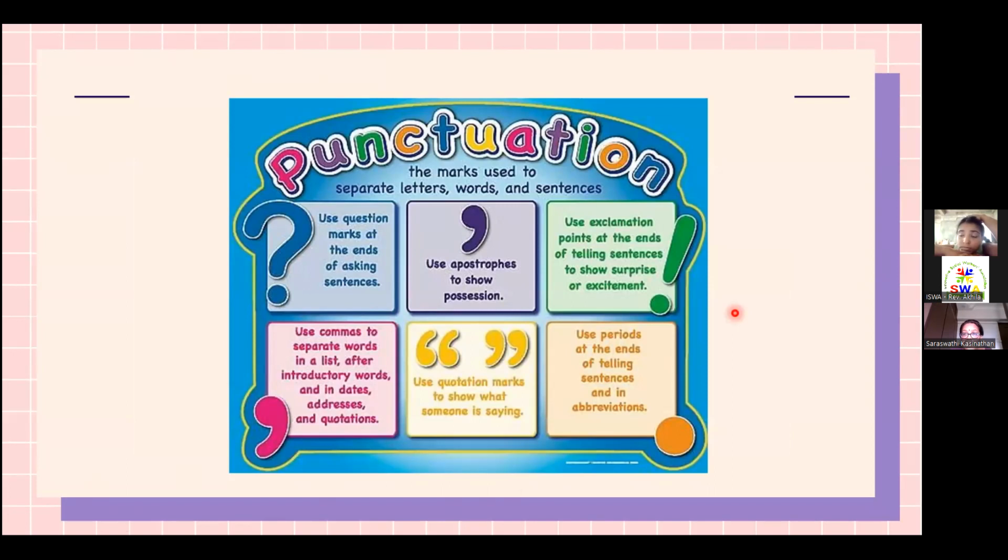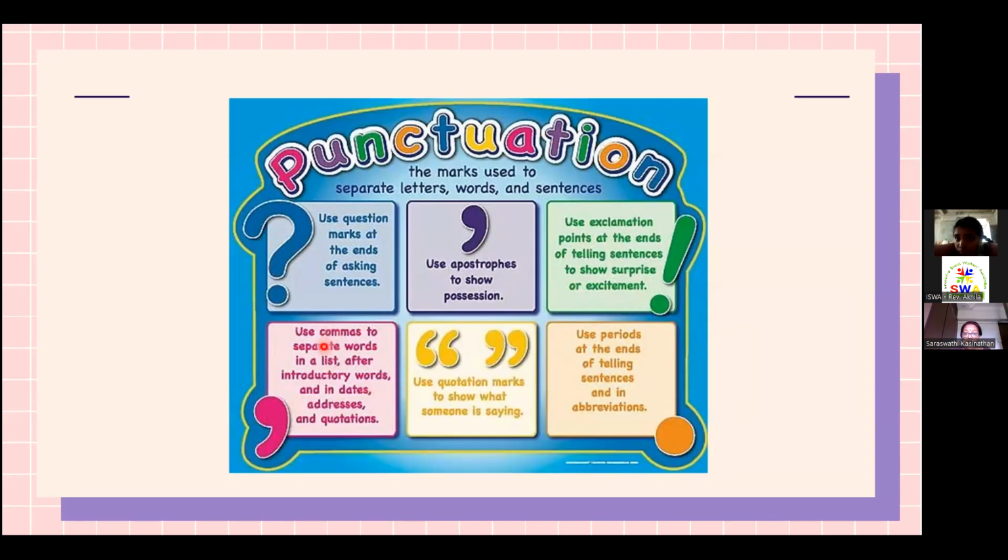So if a bicycle belongs to Dinula, we have to say Dinula's bicycle. So we use apostrophe S to show that the bicycle belongs to Dinula. All right? Use an exclamation point at the end of a telling sentence to show surprise or excitement. So if today is Dashani's birthday and we say, "Happy birthday, Dashani!" we end it off with an exclamation mark, because we are excited for her.